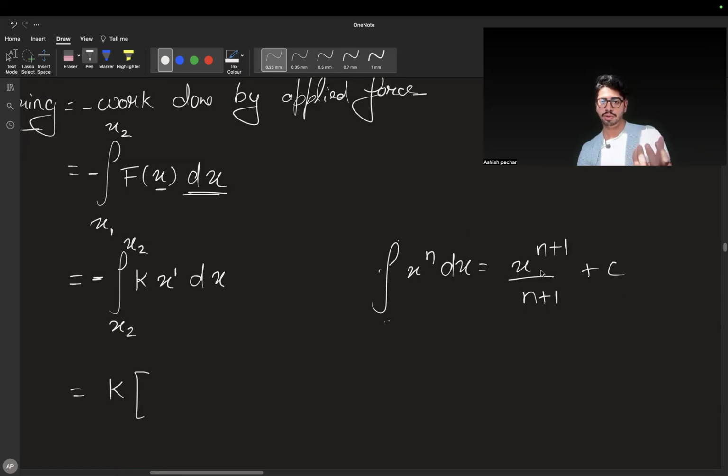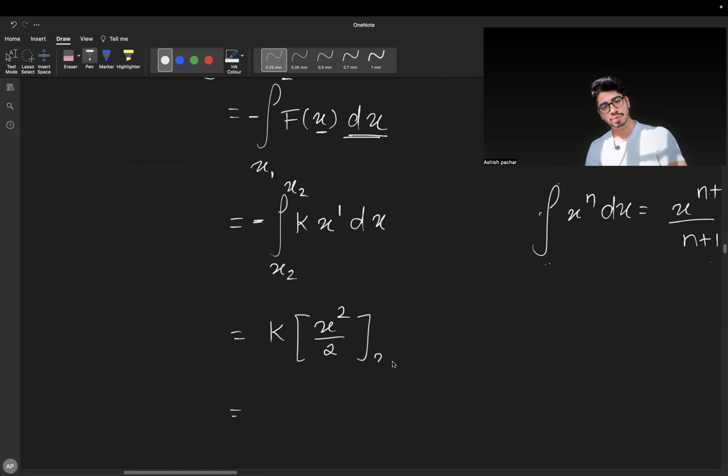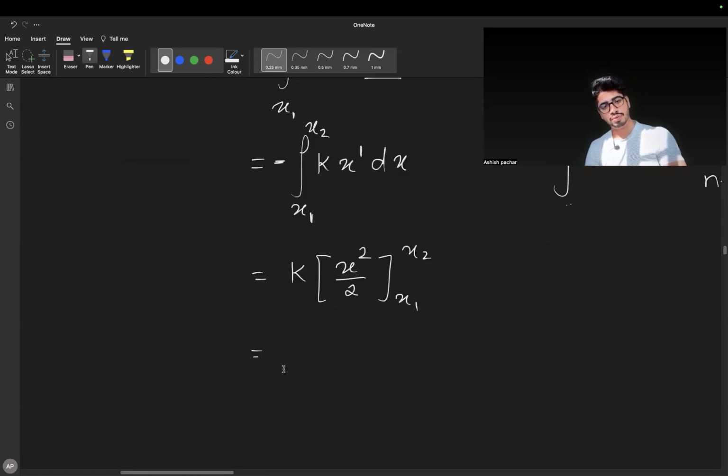You increase the power and divide by it. If there is no visible power, it means there is a 1. So increasing the power, it becomes x squared divided by 2, evaluated from x1 to x2. I put the half outside, k, then upper limit minus lower limit, because I took the 1 by 2 outside.